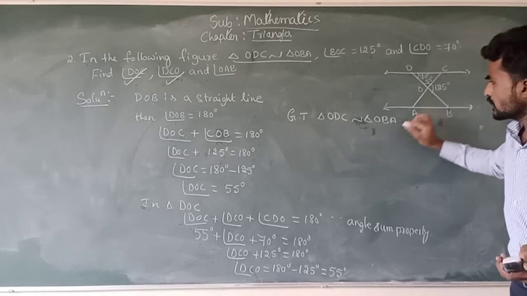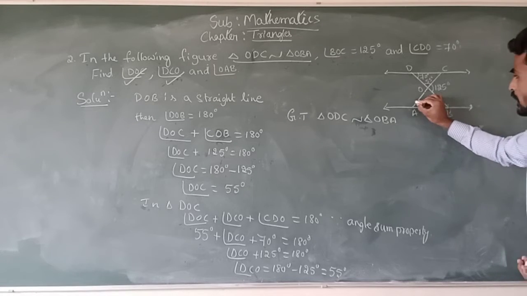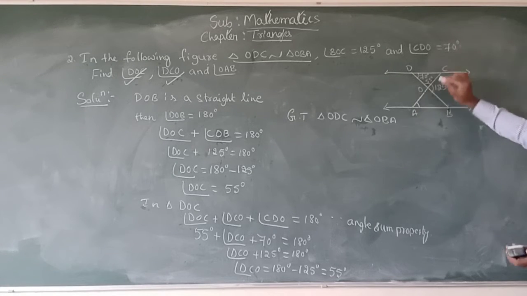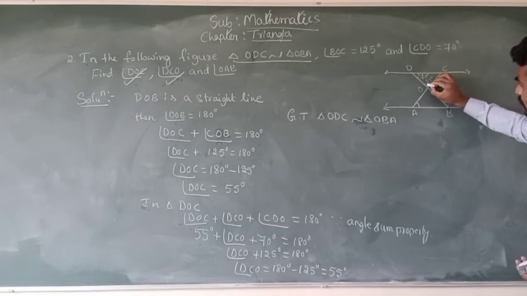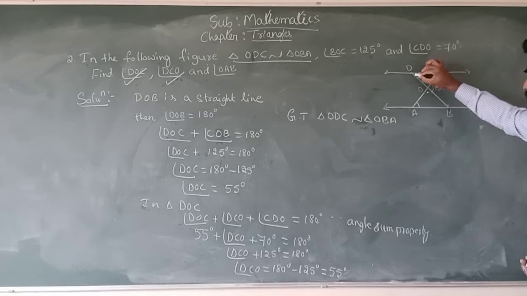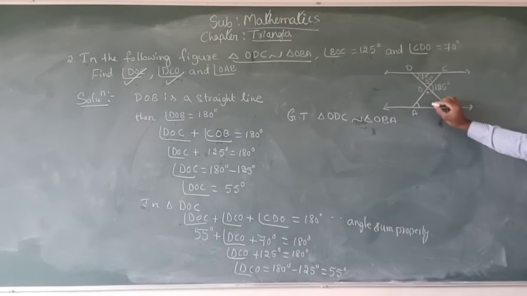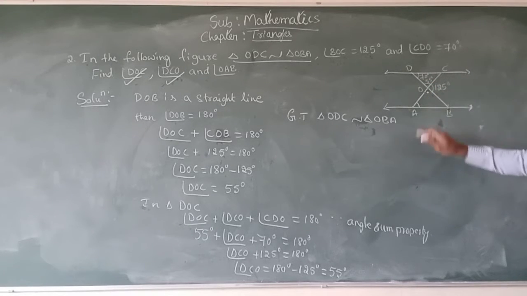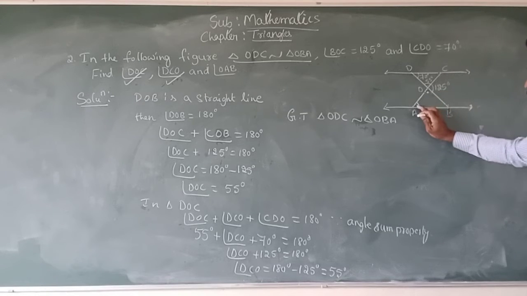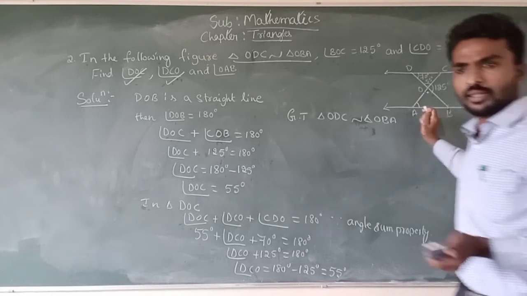By using that property we can find out the angle OAB. Observe this figure. This O angle is the corresponding angle to this O angle, and also this B angle is similar to this B angle, and also C angle is similar to angle A.